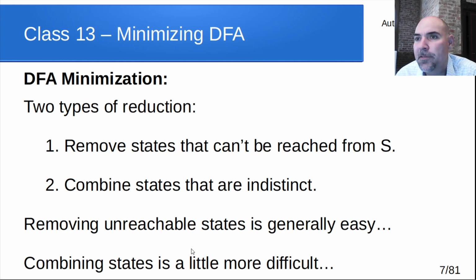In other words, there's no reason to have a state in our machine if we can't get to it from S. And the second type of reduction is combining states that are indistinct, because there's no reason to have 2 states when we can combine them and have 1. Removing the unreachable states is generally pretty easy to figure out and easy to do. Combining them, though, is a little more complicated, so we're going to have to come up with an algorithm for that. So let's start with step 1.